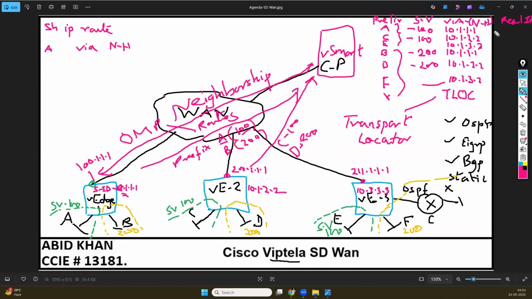So here for 2 it will be 200.1.1.1, and the same way for 10.3.3 it will be like 211.1.1.1, like this.